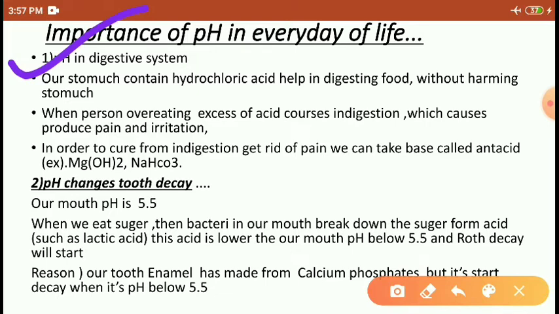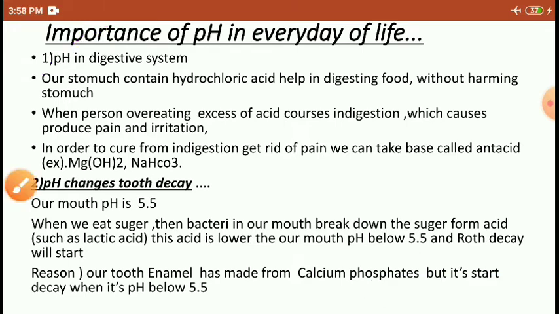If you take heavy oily food, the hydrogen concentration increases. HCl concentration increases, acidic level increases, which means we feel acidity.